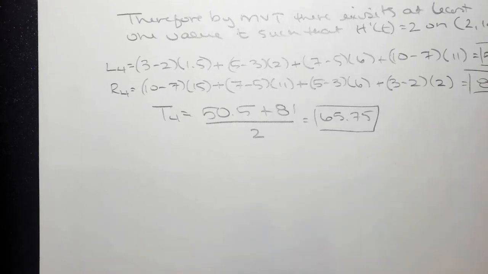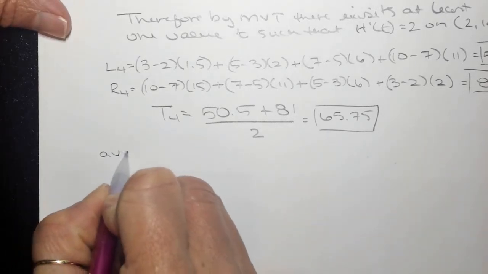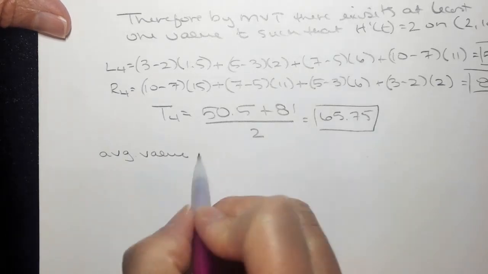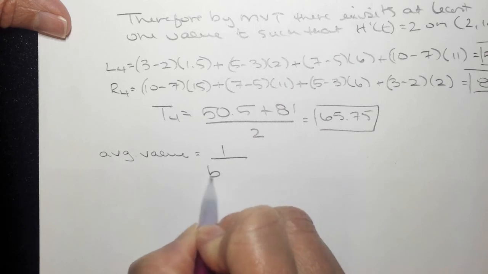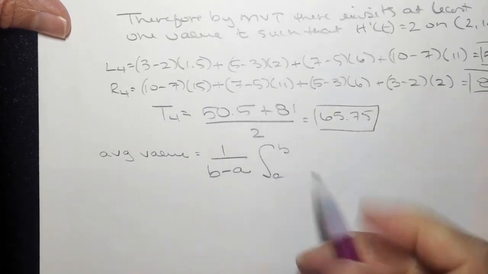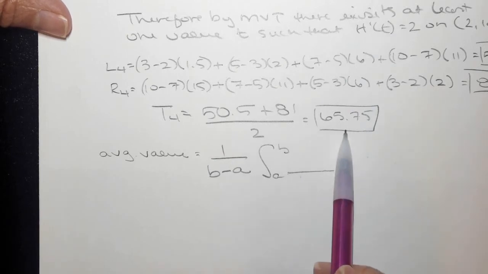Now, in Unit 6, we started talking about the average value, and to find the average value, now this is where you might have gotten snagged up, this would be equal to 1 over b minus a times the integral from a to b. Okay, this right here is going to represent the area under the curve that we calculated right here.